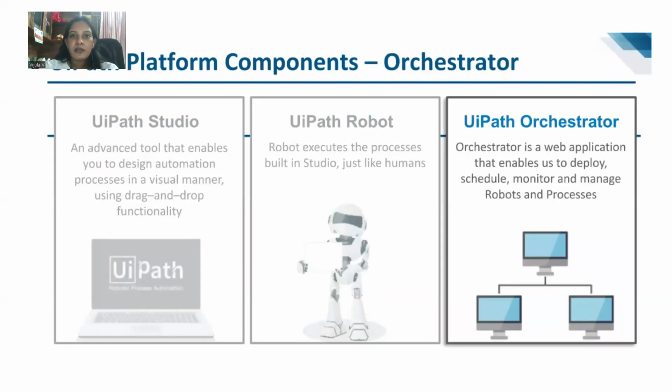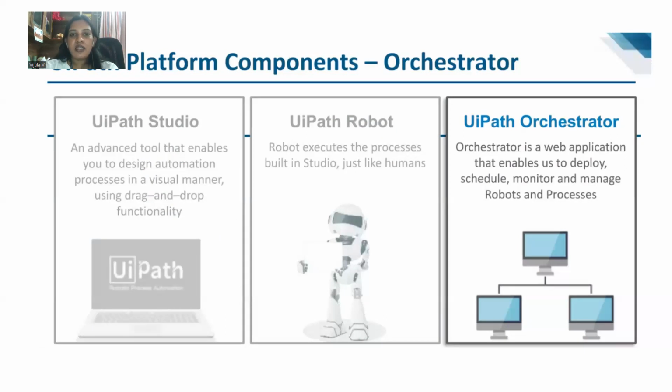It would help you in deploying the activity, the process which you have completed. The orchestrator will help you to manage, schedule or deploy it, with the help of both the robots and the process. With the orchestrator, you will be able to manage both the process in the studio and also the robot.